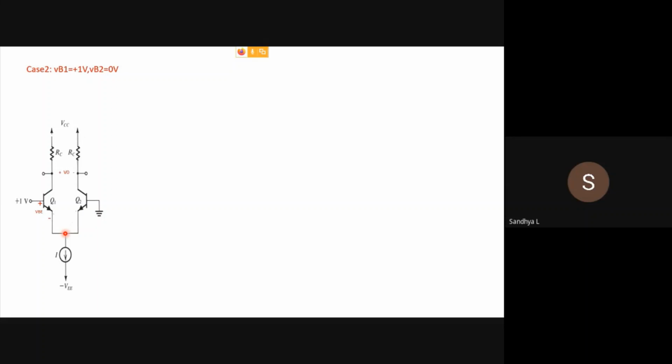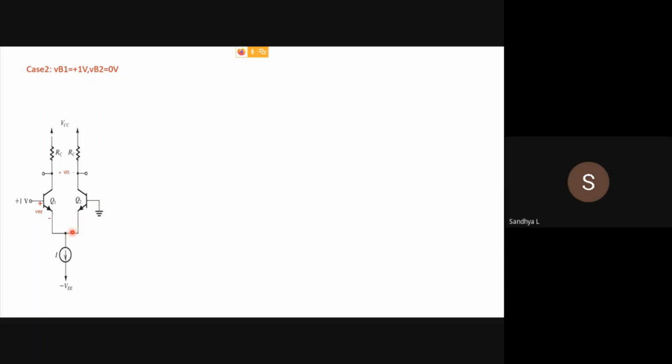VE is 0.3. So what is VBE of Q2? VBE of Q2 is VB minus VE, that is 0 minus 0.3, that is minus 0.3. The voltage at the base with respect to emitter is the voltage at the base minus the voltage at the emitter.